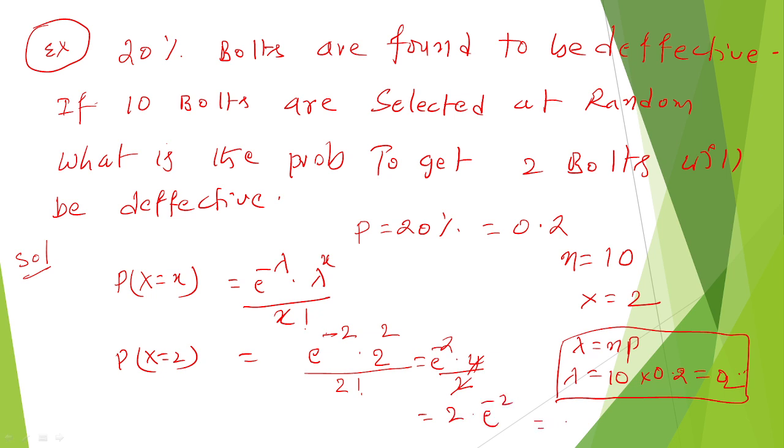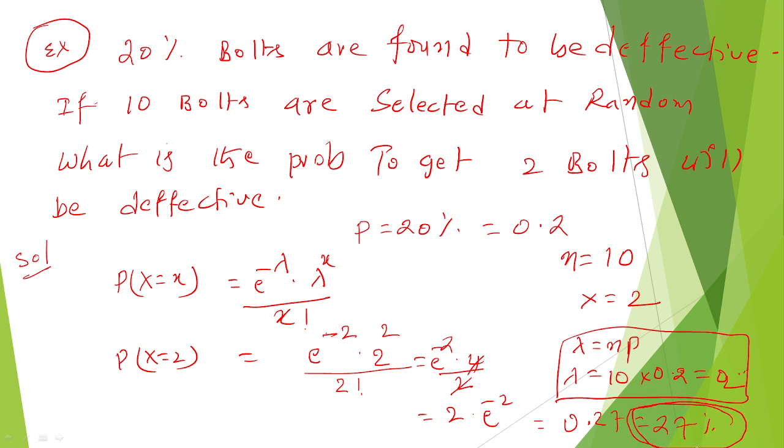So this is approximately, the e value is 2.71, as I said, the exponential constant. So this is equal to 0.27, which means approximately 27% chance.